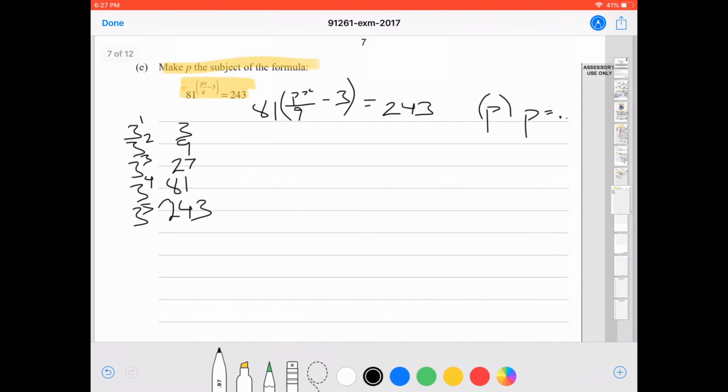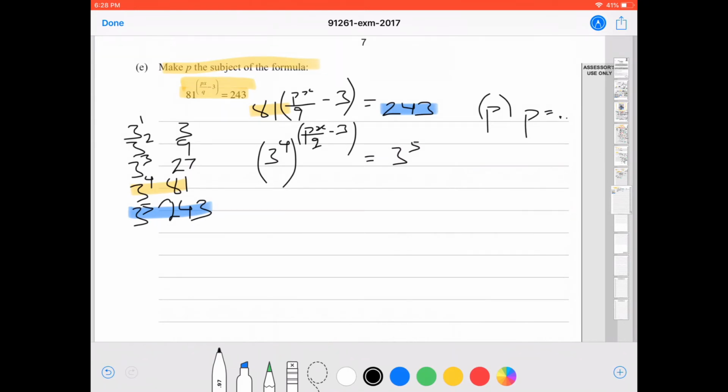And so I would actually rewrite this and say, basically we're rewriting 81 as 3 to the power of 4, and rewriting 243 as 3 to the power of 5. So 3 to the power of 4, inside brackets, still to the power of px over q minus 3, equals 3 to the power of 5.